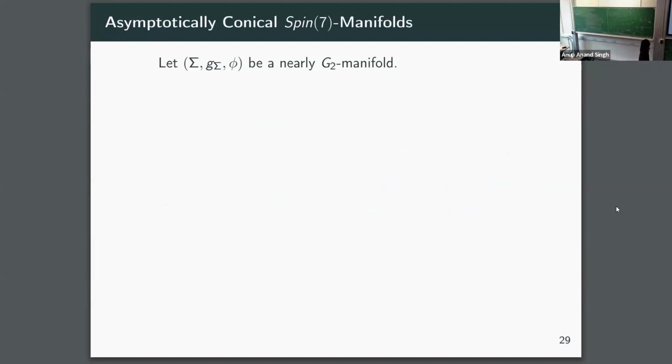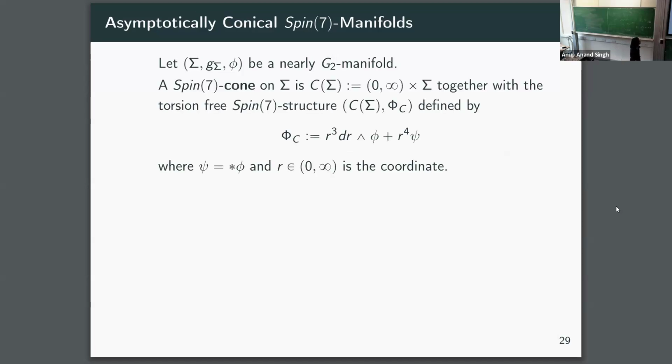Let's look at this thing called an asymptotically conical Spin 7 manifold. So I'll start with a nearly G2 manifold, and then I'll consider a cone over it. Turns out I can write down a torsion-free Spin 7 structure defined by this. The reason it will be torsion-free is precisely because I started with the nearly G2 manifold.